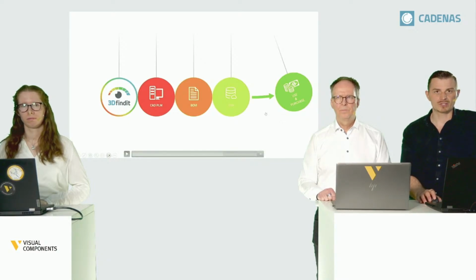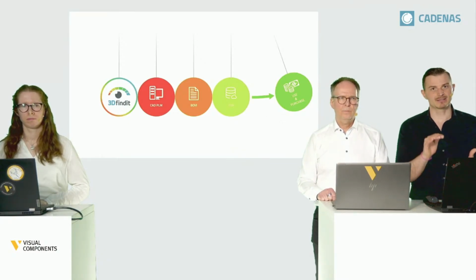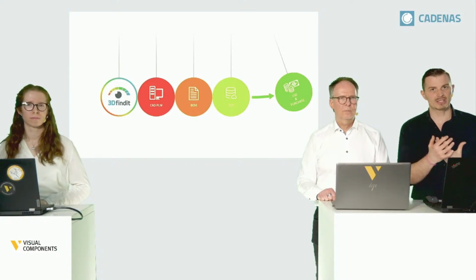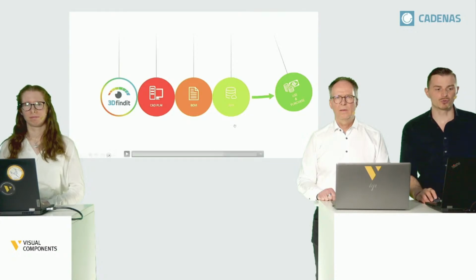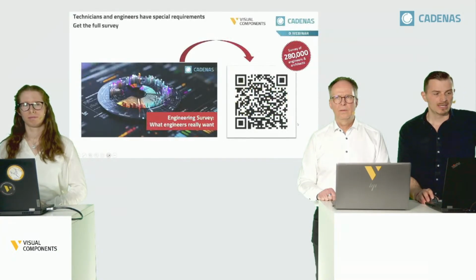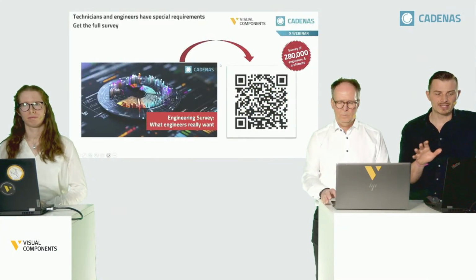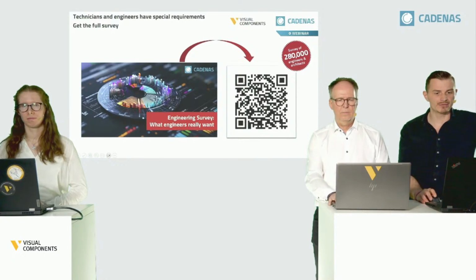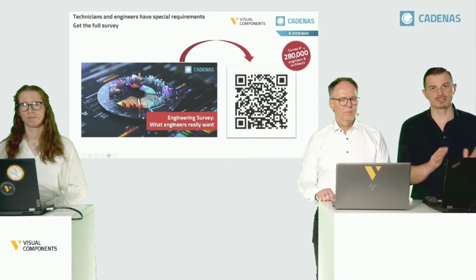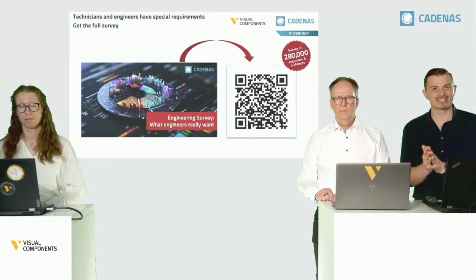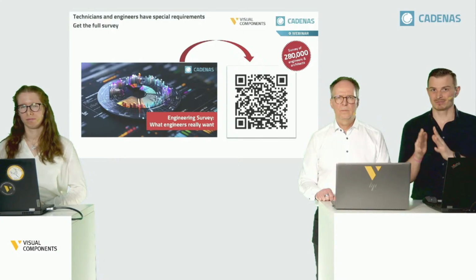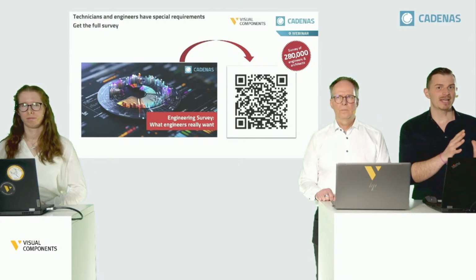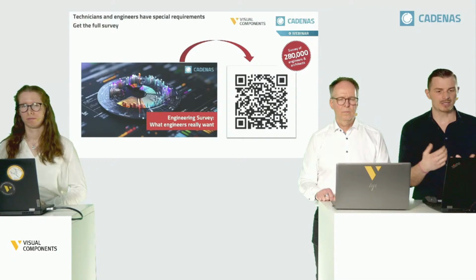So what we want to say is that planners, architects and technicians are really the origin of the product selection, and it's really worth reaching out to them. Basically, we discovered in one great survey we did, where we asked 280,000 engineers about their needs, and we found out, and we have many engineers here in this meeting, that the demand of the technician is far more different than the demand of a commercial buyer or anybody else.